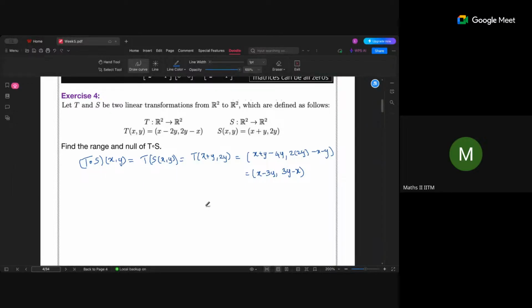So maybe you can quickly compute the matrix. Using that, you can find the range and null.